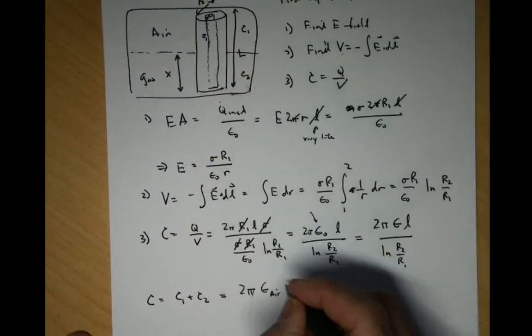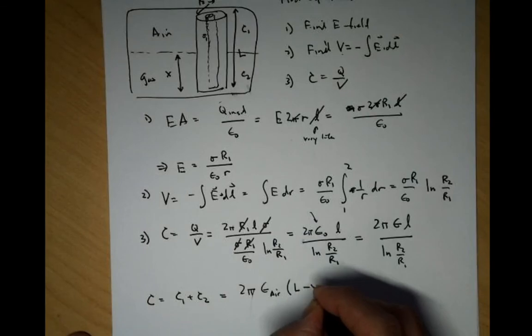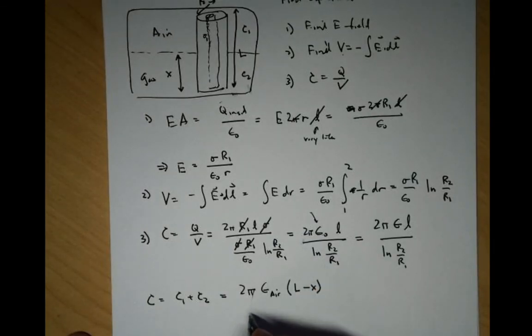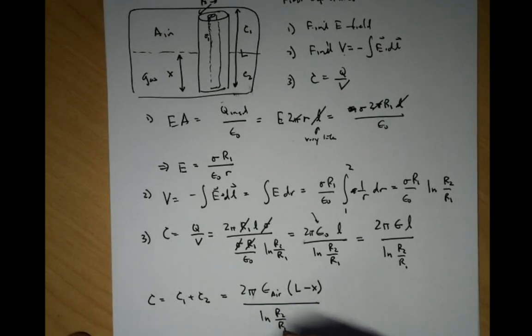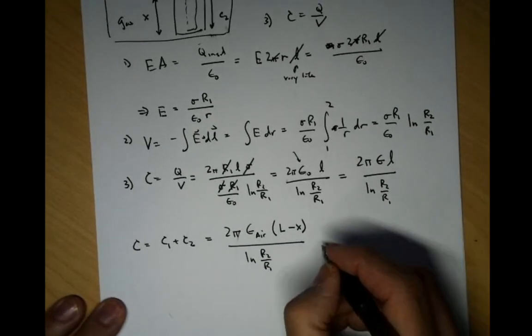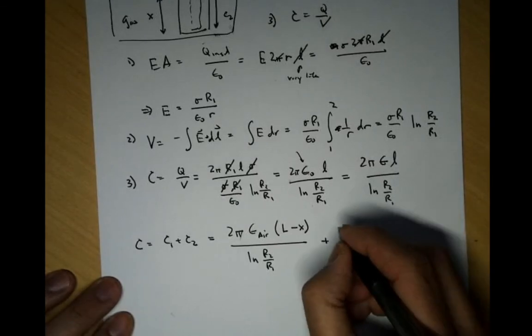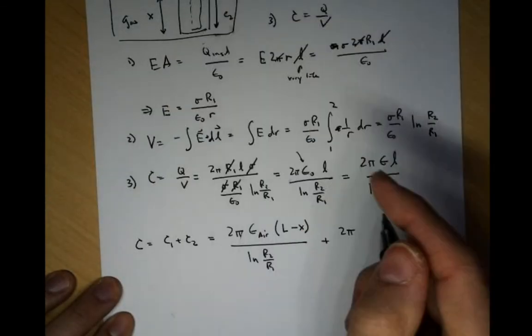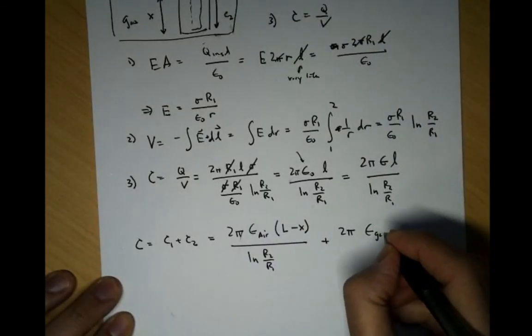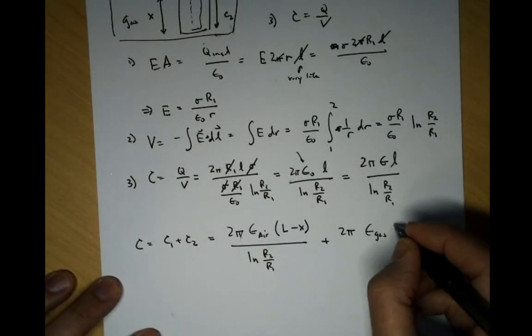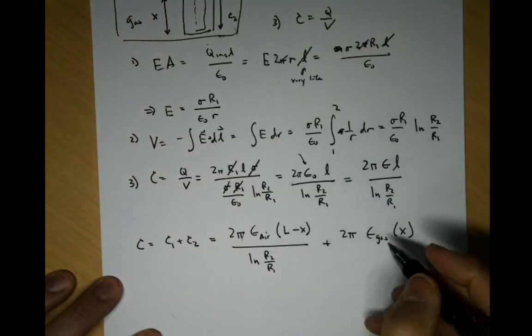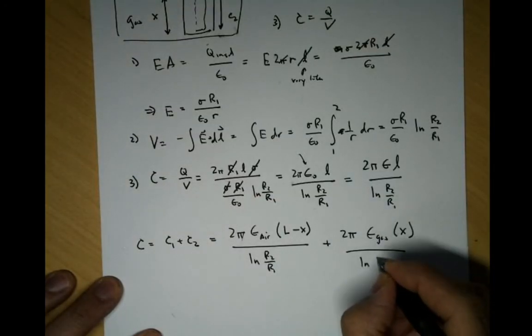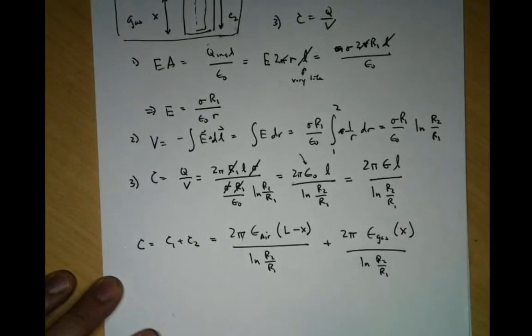That's going to be L minus x, divided by logarithm r2 over r1. This is the same as before. Plus now 2 pi, this C2, that's going to be epsilon gas, the gasoline part, times x now, that's this length right here, divided by logarithm r2 over r1, okay?